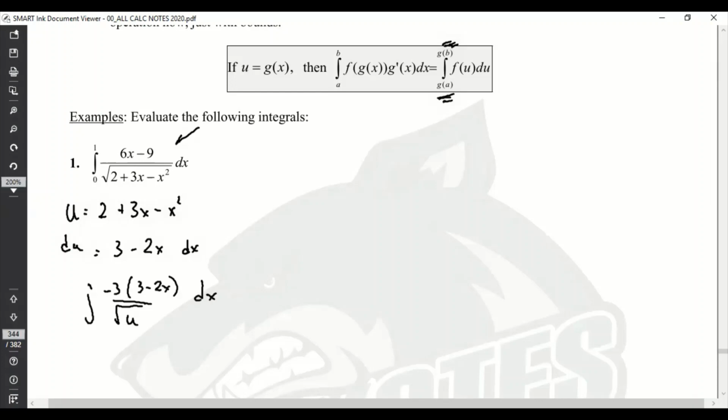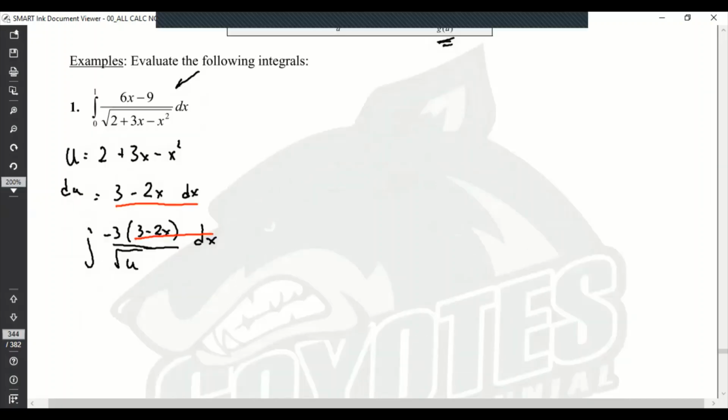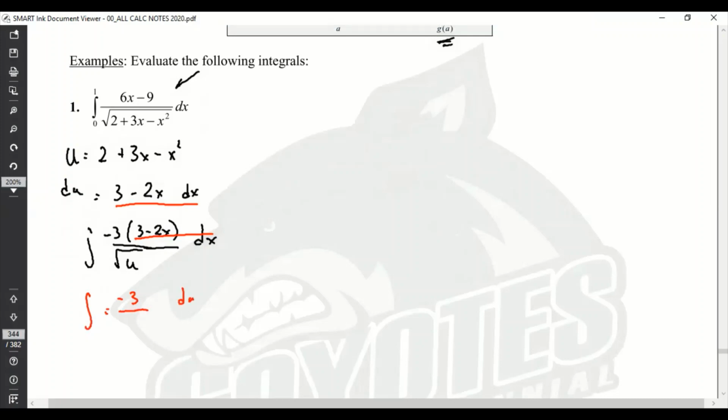This is still just dx, but notice that this is equal to du. So my integral ends up being -3 du over root u. So that's now in terms of u.